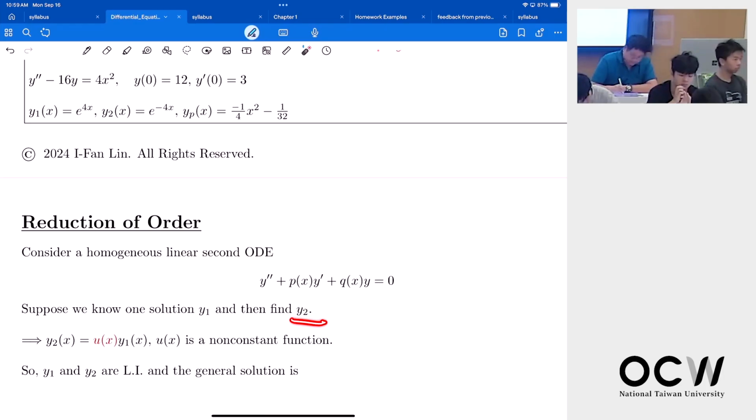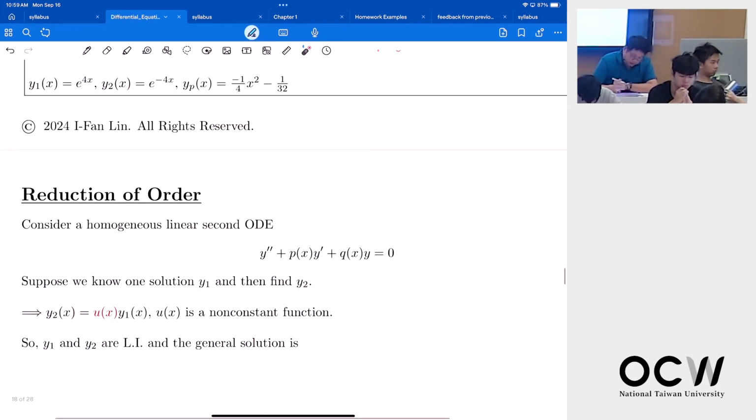Here, our guess for the other solution is a function of x times your first solution. And remember that u of x is not a constant function.